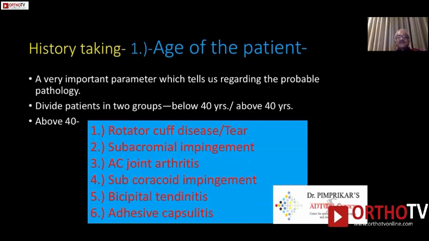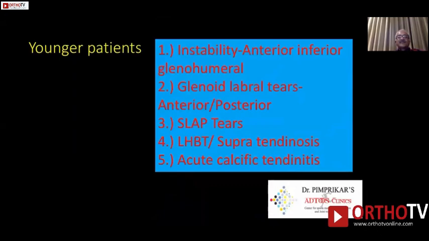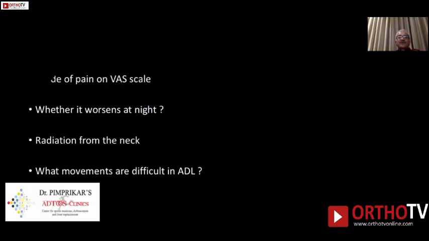At the same time, if the patient presenting to you is less than 40 years of age, what comes to our mind is probably instability, which could be antero-inferior glenohumeral instability, glenoidal labral tears, which could be anterior or posterior labral tears. It could be a flap lesion, lesions of the long head of biceps, supraspinatus tendinosis, and acute calcific tendinitis. So just by dividing patients into two groups, you have probably thought of one of the pathologies which the patient is suffering from.